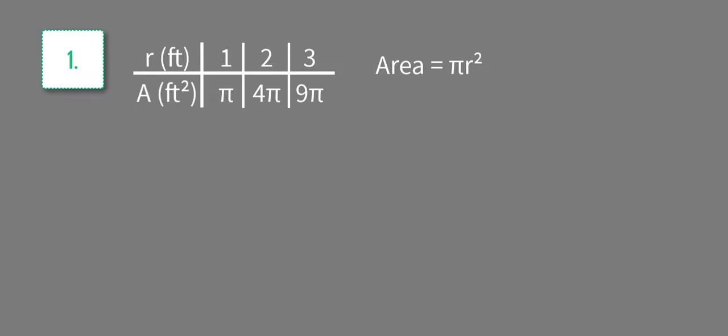And we can verify that from our table. We're given that when r is 1, the area equals pi. So let's check that. Area equals pi times 1 squared, which equals pi. So that is verified.